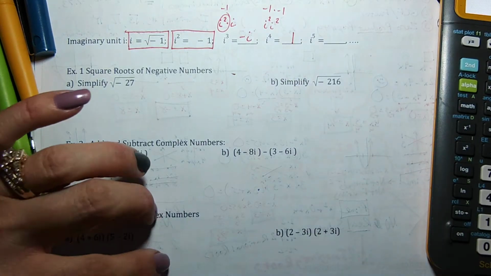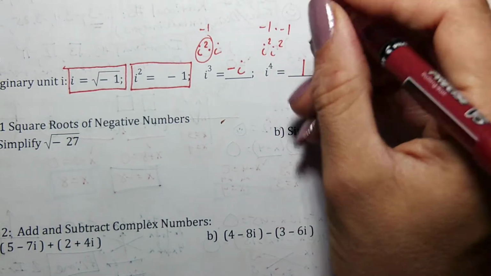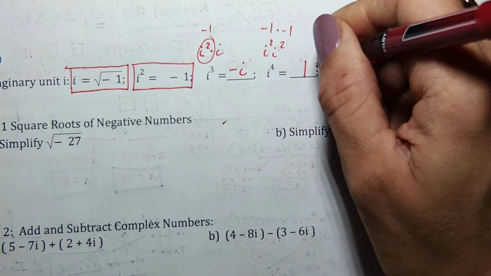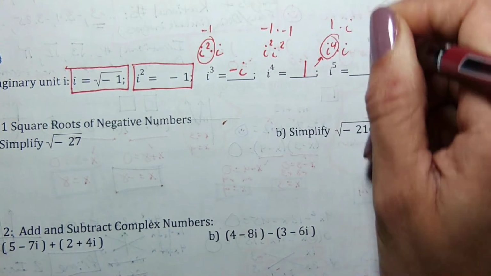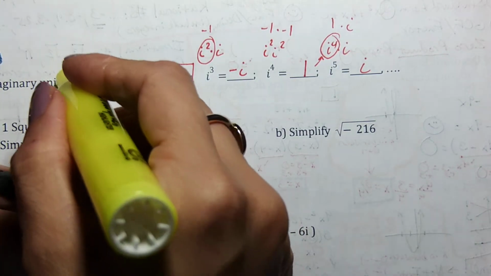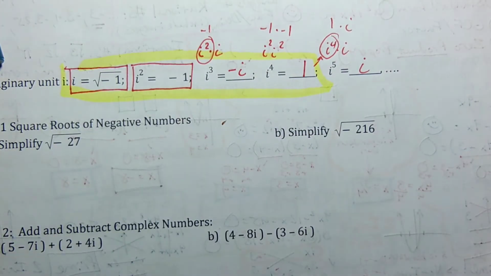And what we find is that these powers of i continue to cycle through those four possibilities. So if I have i to the fifth, that would be i to the fourth times i, and i to the fourth we've already said is 1. So 1 times i is i. So it will end up cycling through these four things no matter what power of i we go up through.